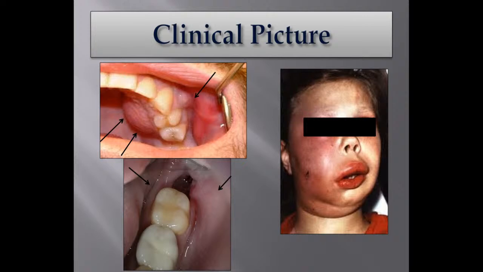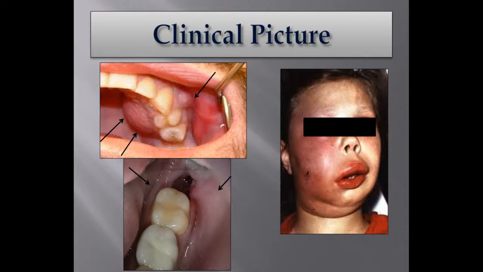But the difference in clinical evaluation is that when it's osteomyelitis, you can see swelling of the gum on both sides of the alveolar bone of the jaw. Vestibular part and oral part will be swollen. And when it's periostitis, you'll see the swelling of only one part. It can be either vestibular or oral part.